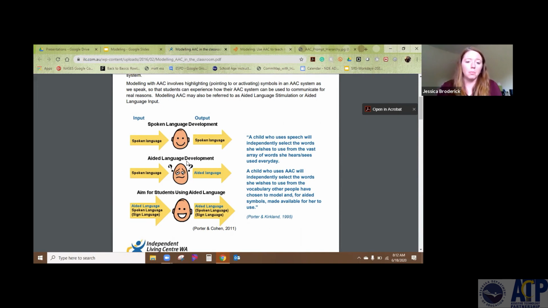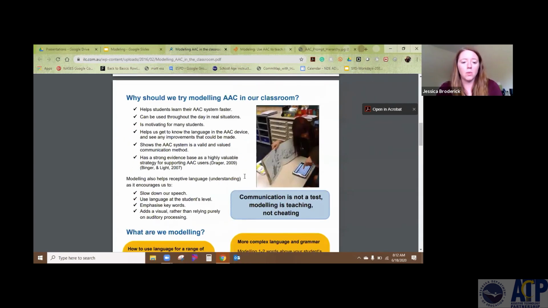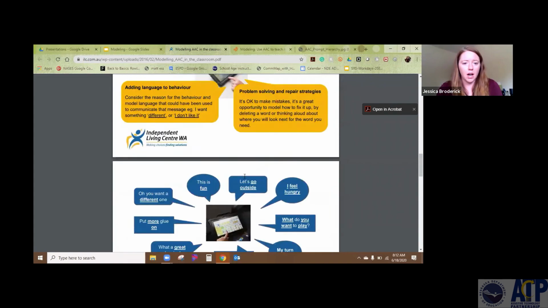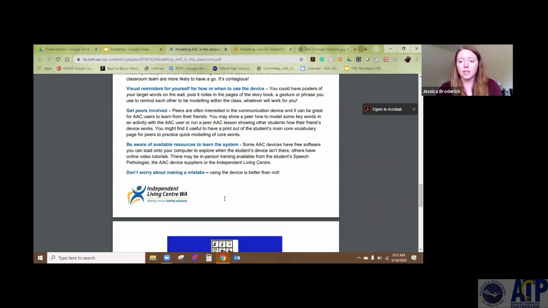So spoken language, if the input they're getting is spoken and the output you're expecting is spoken. But if the output you're expecting is aided language, but you're inputting spoken language, that doesn't match up. And so this talks to teachers about the importance of modeling in the classroom, why we should do it, what we are talking about, how we can get started, and just some practical things for teachers.